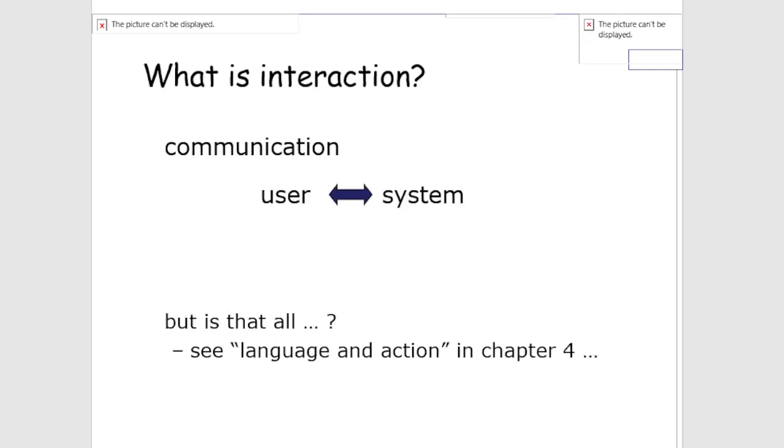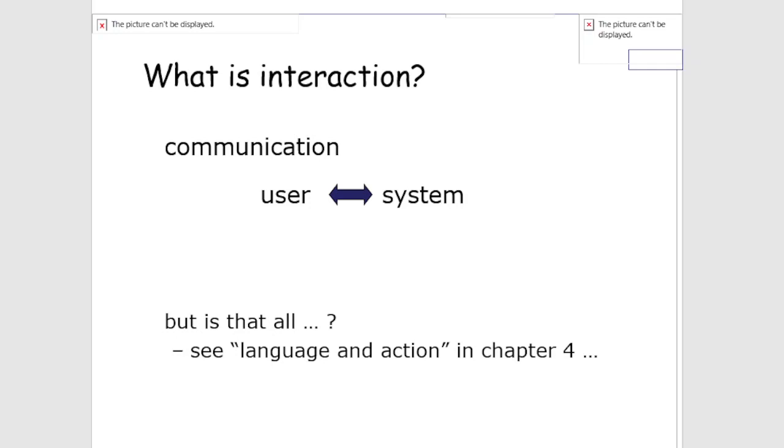So what is interaction? We consider that it is the communication between user and the system. And we know that in interaction we have two participants. One is the user and the other is the system.